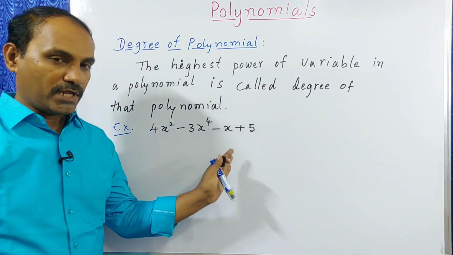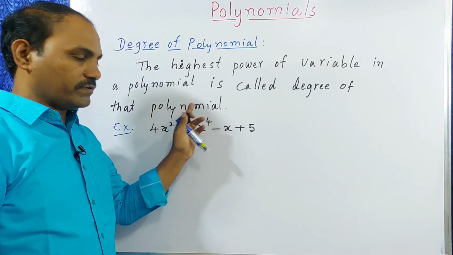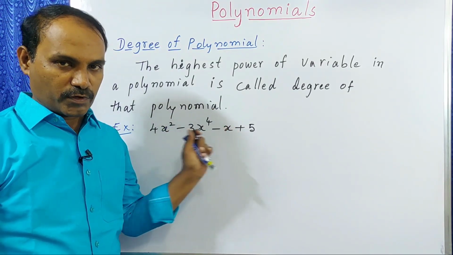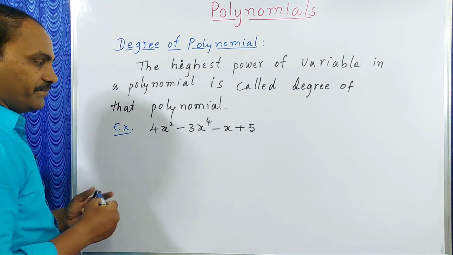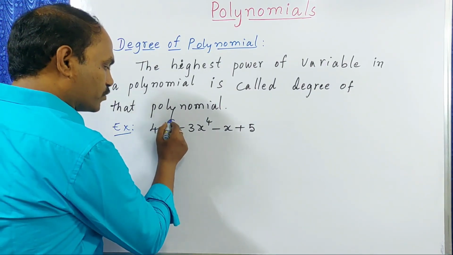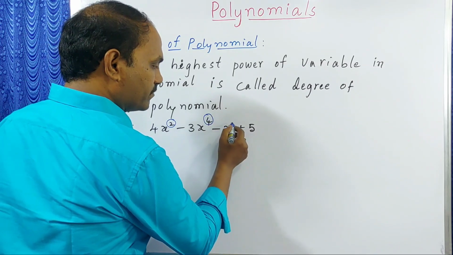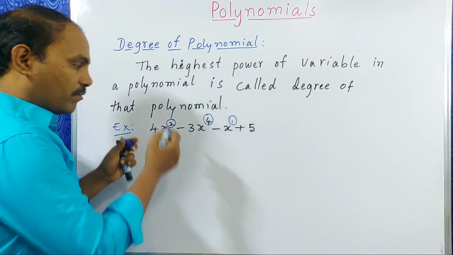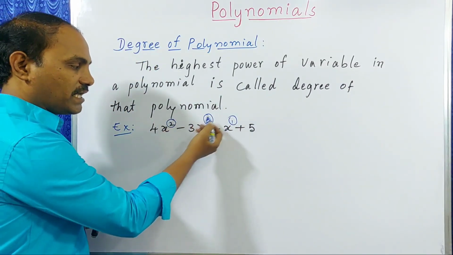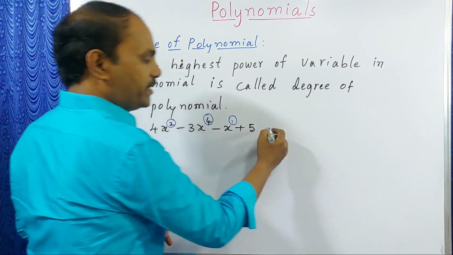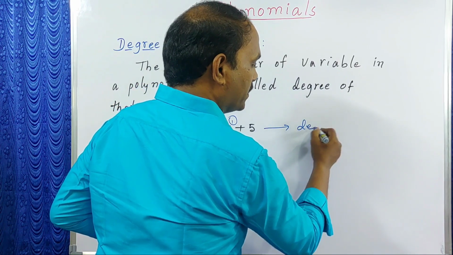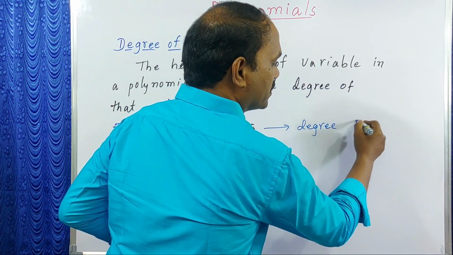Now this one is a polynomial. Why? Because all positive integers are there in the exponents. So check what the exponents are. Here 2, 4 and, with nothing written, 1. Among these exponents, what is the highest exponent? 4 is the highest exponent. So here the degree of this polynomial is 4.